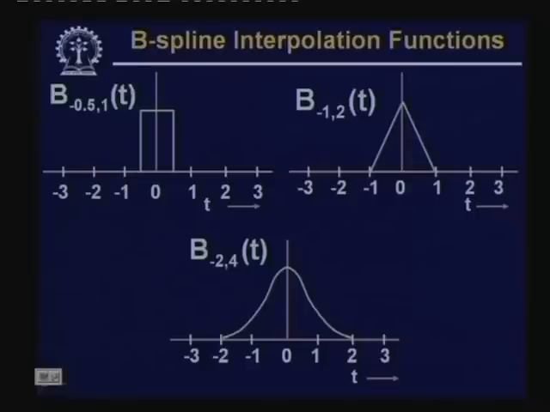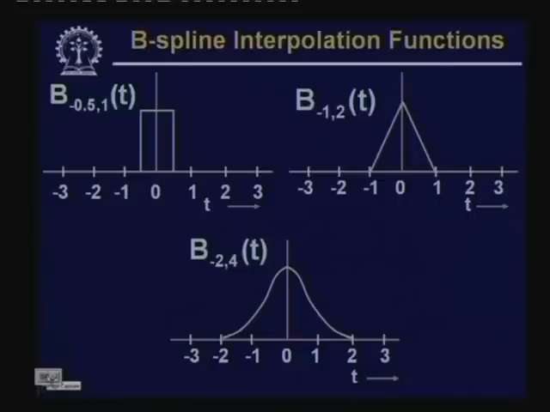Similarly, for the cubic interpolation, again with p 0, I will consider the B-spline function to be b minus 2 4 t instead of b 0 4 t. So, in this particular diagram, using this formulation, effectively what we are doing is shifting the B-spline functions by the value of s in the leftward direction.